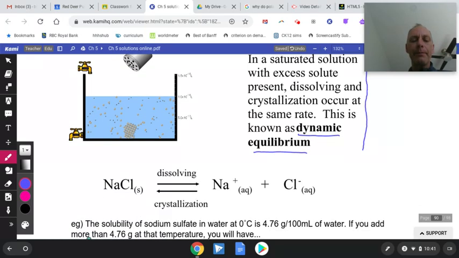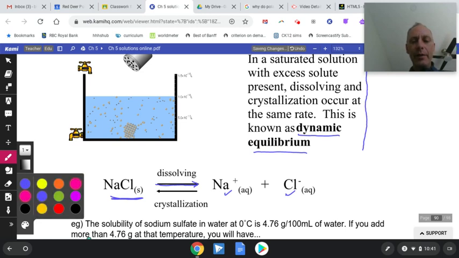Dynamic equilibrium. So if we look at this example, here's our NaCl solid. If it goes forward, it is dissolving and dissociating into Na plus and Cl minus. At the same time, those two ions can move in reverse and crystallize back into the solid. So you saw that in the little demonstration. I'll go back and show it to you again, that there was solid turning into ions, and at the same time there was ions turning into solid.